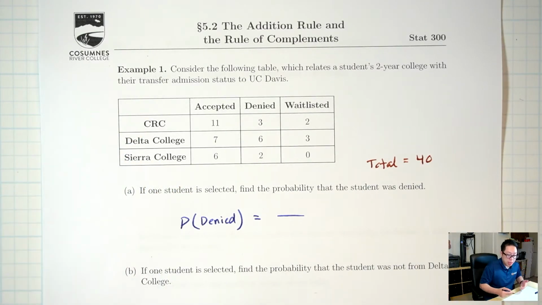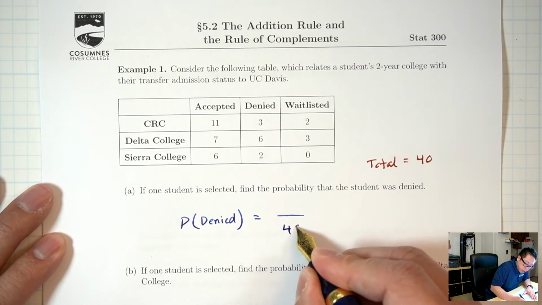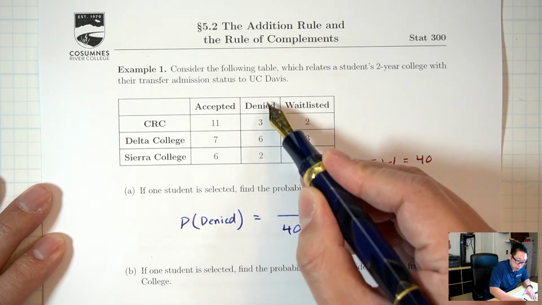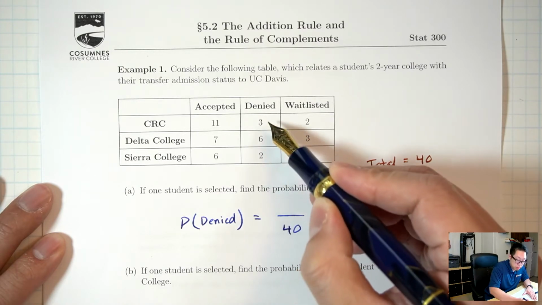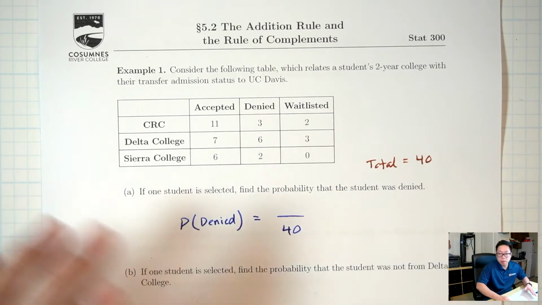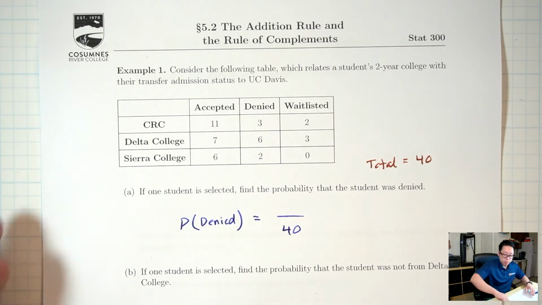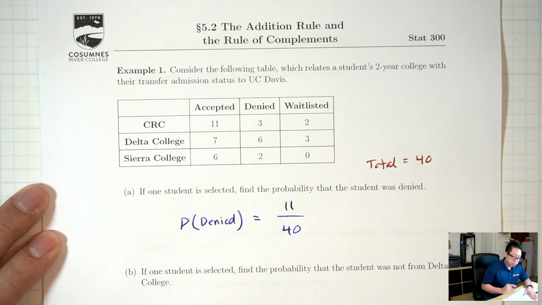That's how many possible students I could have picked, so that's the bottom number. And for the top number, how many students were denied? These 3 were denied, these 6, and these 2. So in total, 3 plus 6 plus 2 is 11. So 11 students were denied in total.